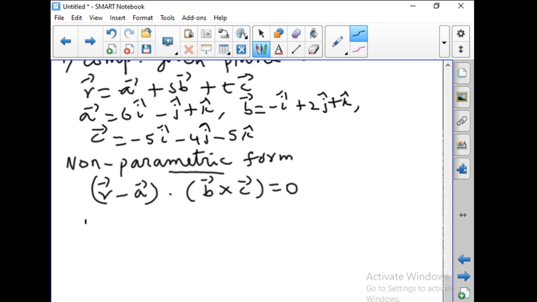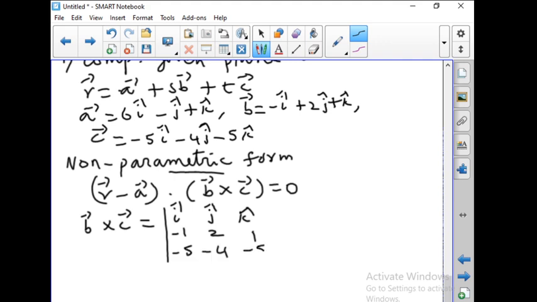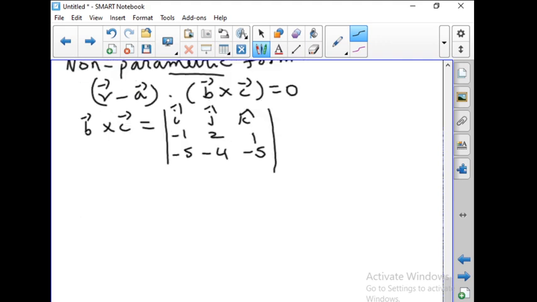So we have to find b vector cross c vector first. So what is it? i cap, j cap, k cap, minus 1, 2, 1, minus 5, minus 4, minus 5. So it is equal to minus 6i cap minus 10j cap plus 14k cap.